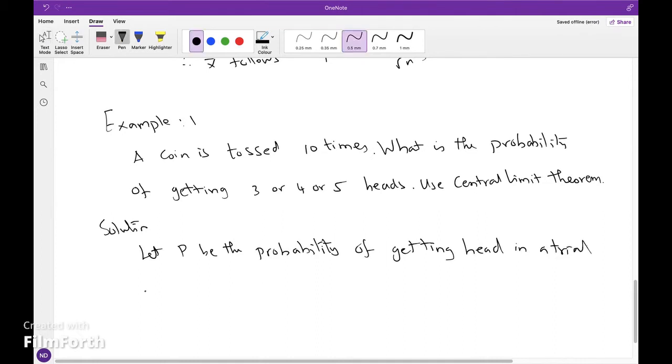Therefore, P is equal to 1 by 2 and Q is also 1 by 2, that is 1 minus P. N is 10 times tossed.